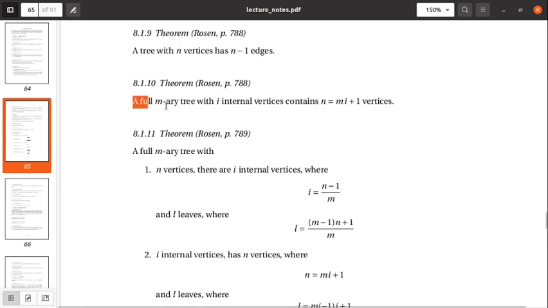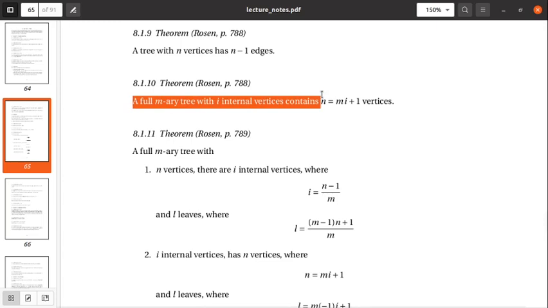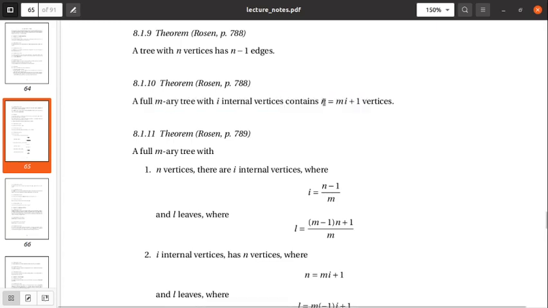So next theorem, a full m-ary tree with i internal vertices contains n equals m times i plus 1 vertices. So we're given that it's a full tree, so that if m is equal to 4, then every internal vertex has exactly 4 children, and the leaf nodes have 0.